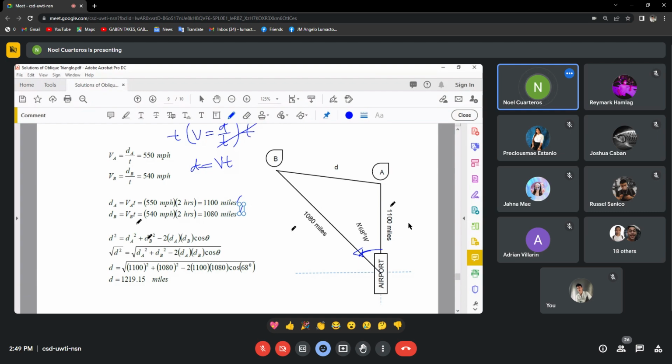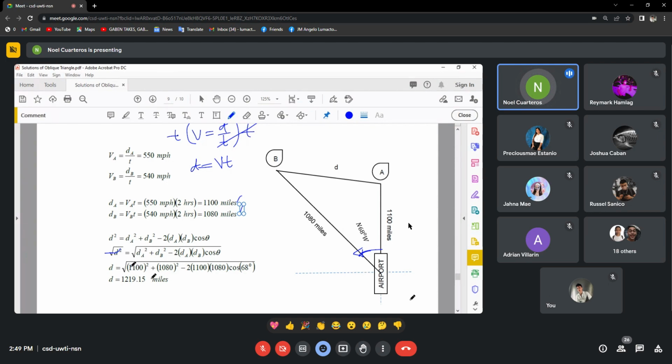So to remove the square, just take the square root. So D is equal to the square root of 1,100 squared plus 1,080 squared minus 2 times 1,100 times 1,080 cosine 68 degrees.